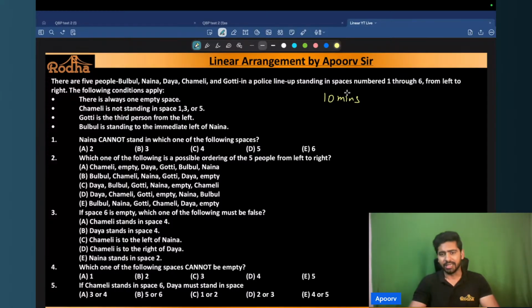You have not seen linear arrangement for the last 4, 5, 6 years, I would agree with that, right? But again, somebody who's beginning LRDI, who's studying LRDI for the first time, this is one topic that helps you build that logic, right? And also because of the statements that are involved in the linear arrangement, you get to understand how to read the statements and how to apply them, right? So it is very important for you to do linear arrangement as well.